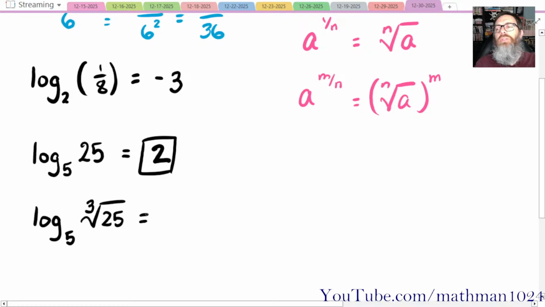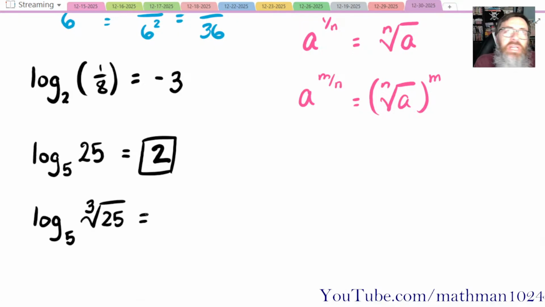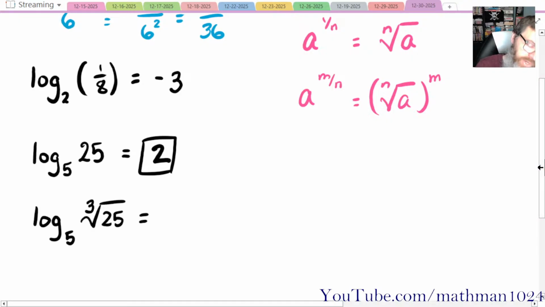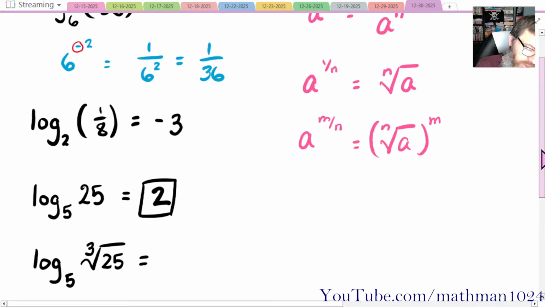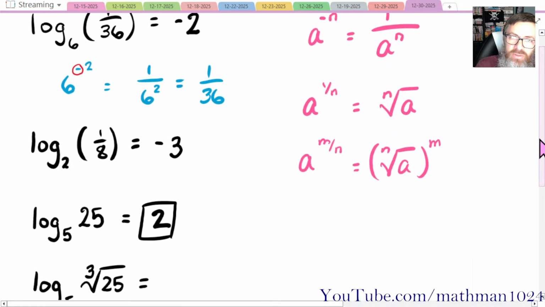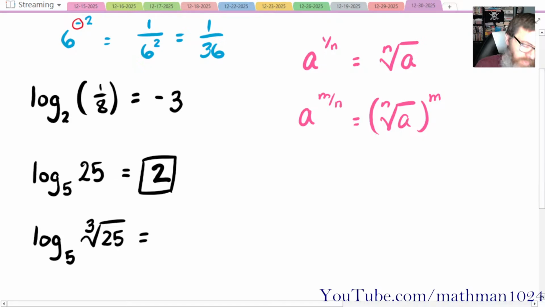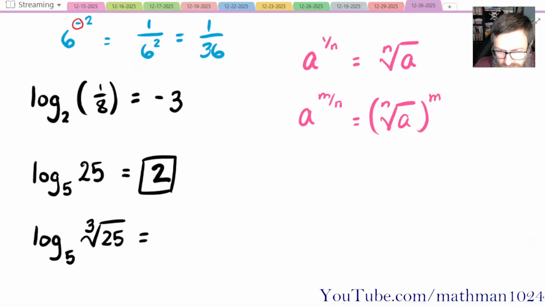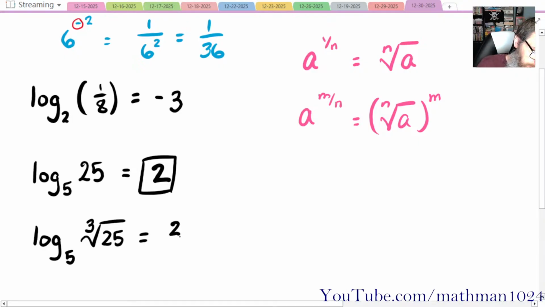In order to work these, you have to know how to work with the powers, and especially these little properties that I wrote over here on the right side. So first, ignore the radical and worry about what's inside your radical. Worry about the radicand, 25. What power of 5 gives you 25? We just answered that in the previous question, and that's going to be 2.